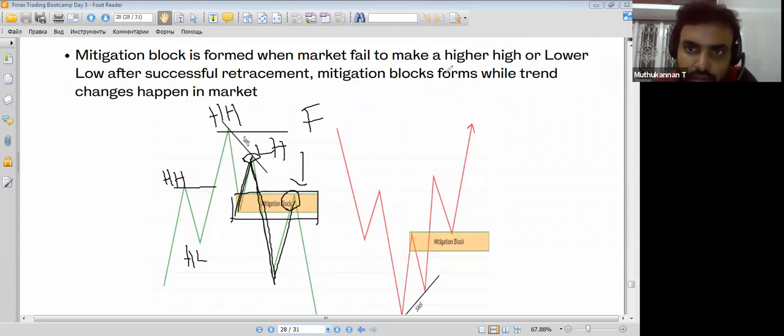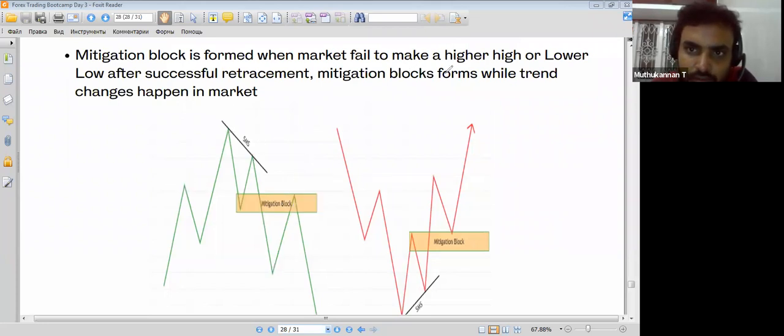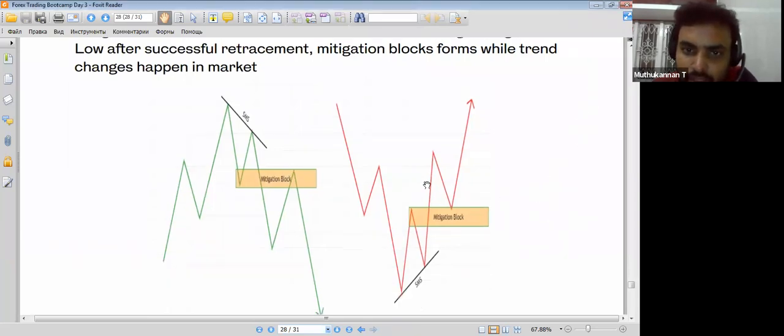Now, similar to this, you can see here. Let me clear everything. Now you can see for the bearish example, market was going down. It created a lower low, a lower high, right? And a lower low. After that, a lower high was created.